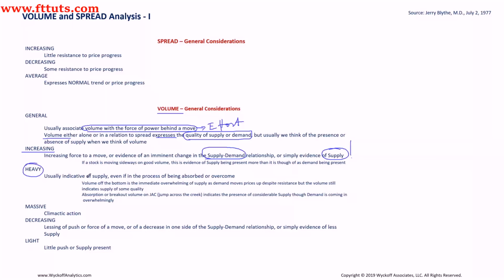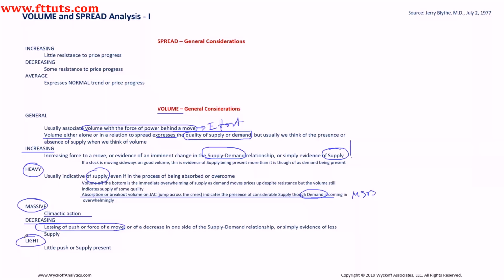A very heavy volume usually is all about supply, but sometimes there's going to be an urgency to accumulate, and that's going to be an absorption on the way up, a major sign of strength. And we've seen that. A massive volume signature usually will indicate the climactic action. Decrease in volume signature, we'd be thinking about lessening of the force.